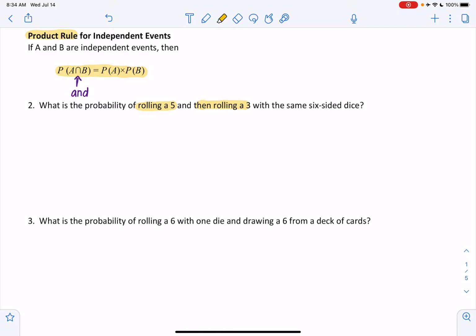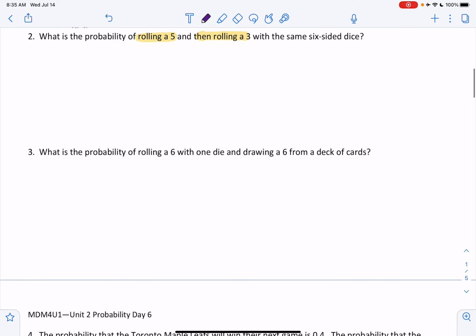If I roll a 5, does that change the likelihood of what I'll roll the next time? No. So these are independent events. So what I'm going to do is define my events. Event A will be rolling a 5, and event B will be rolling a 3.